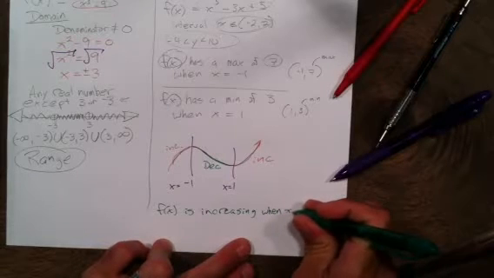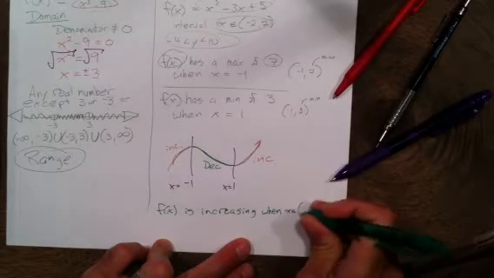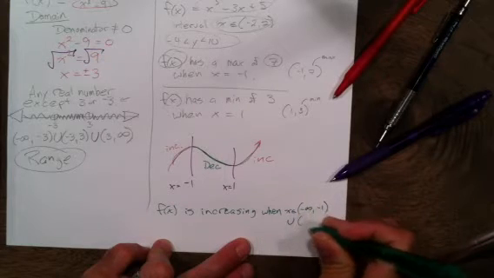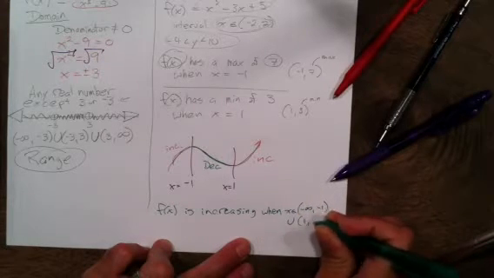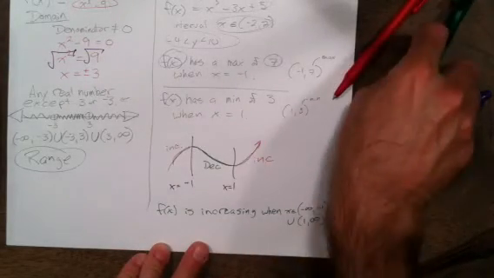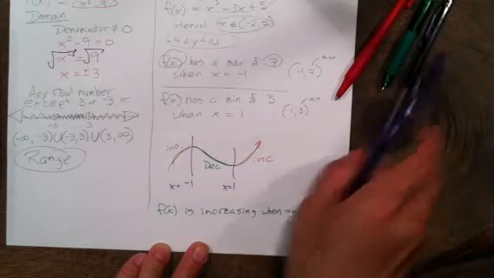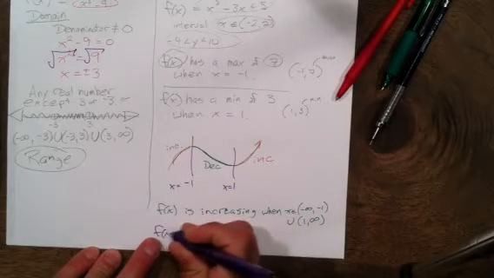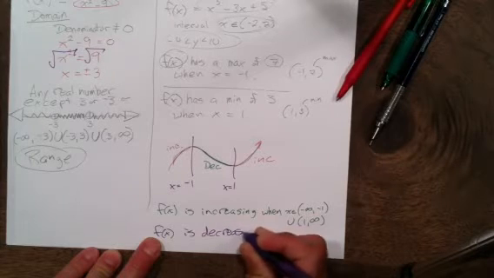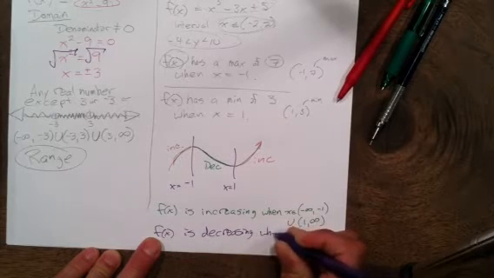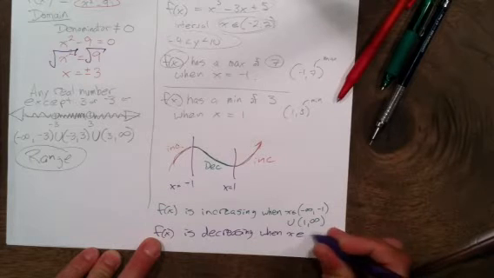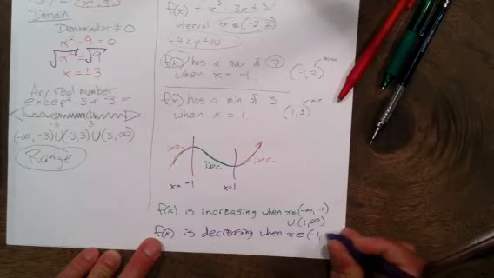When x is in the interval from -infinity to -1, union 1 to infinity, right? This chunk and that chunk. We're decreasing, however, f of x is decreasing when x is in the interval from -1 to 1.